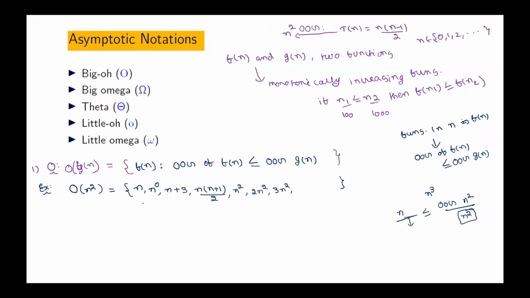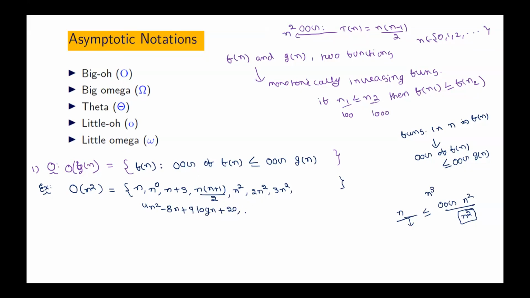We can write 2n square, 3n square, and also 4n square minus 8n plus 9 into log n plus 20. Yes, we can write. What is the order of growth of this entire expression? Its order of growth is n square only. Okay, now anything else?